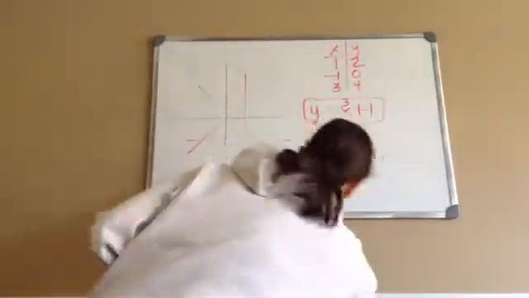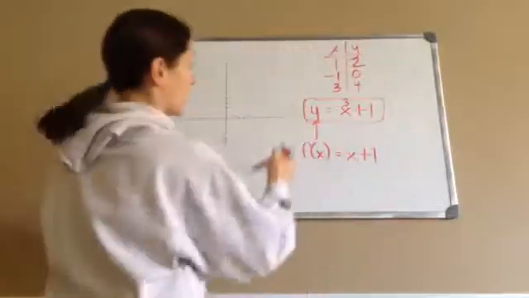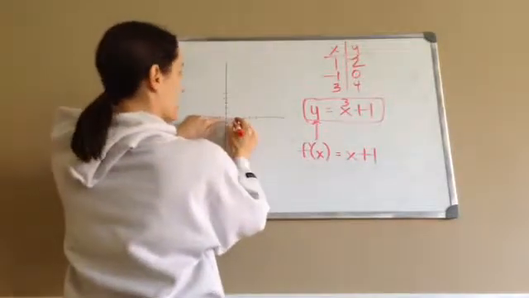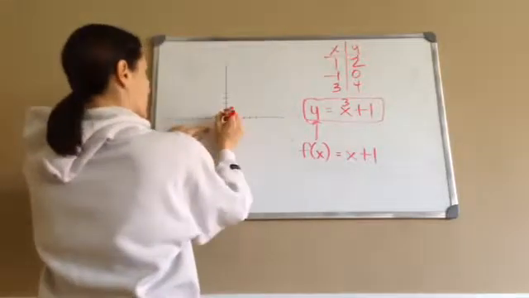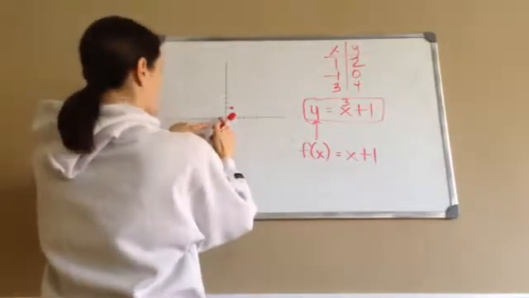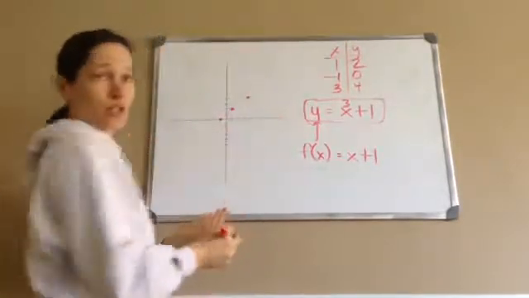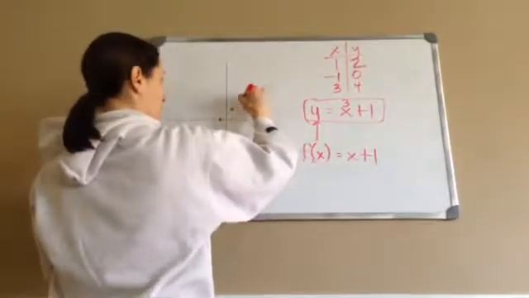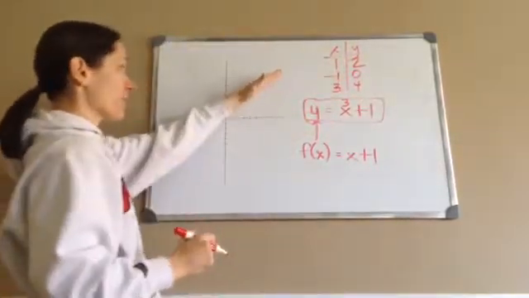Now, let me show you this on the graph so that you can see 1, 2, negative 1, 0, 3, 4, and as you can see, regardless of what numbers I choose, they are going to be on this line.